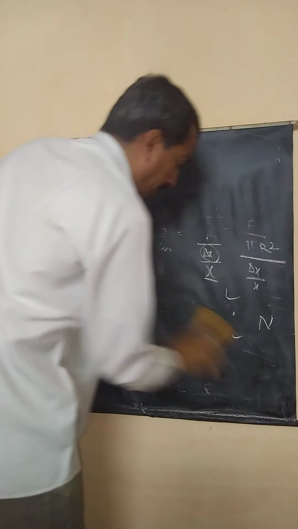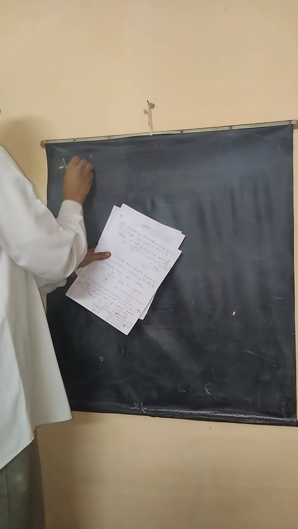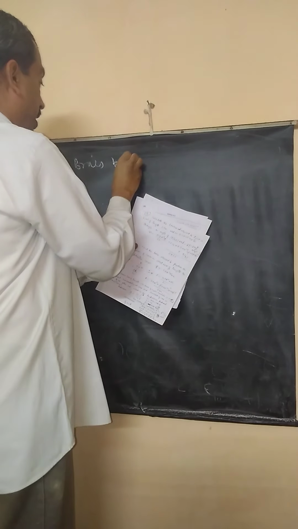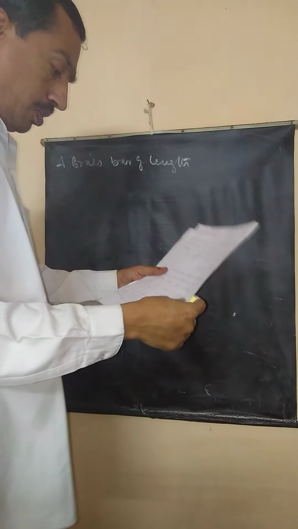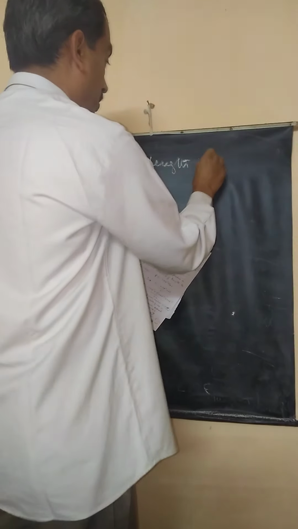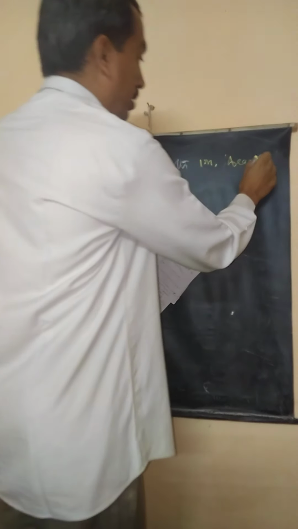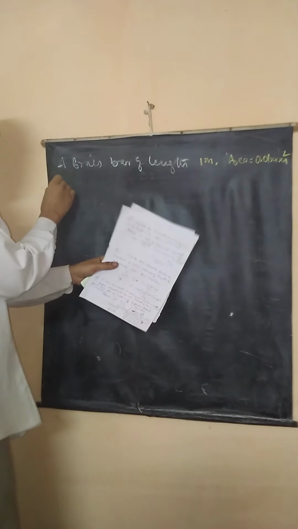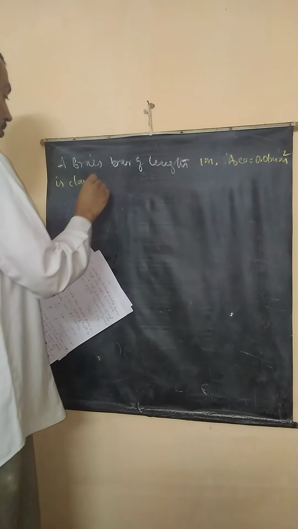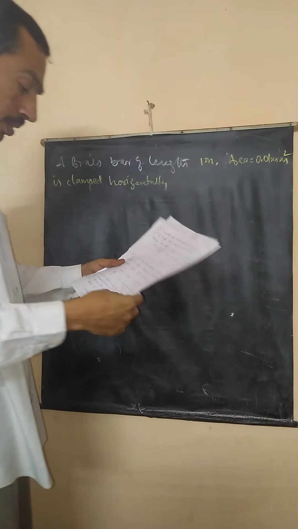Now a problem on single cantilever. A brass bar of length 1 meter, area of cross section 0.01 millimeter square, is clamped horizontally at one end.